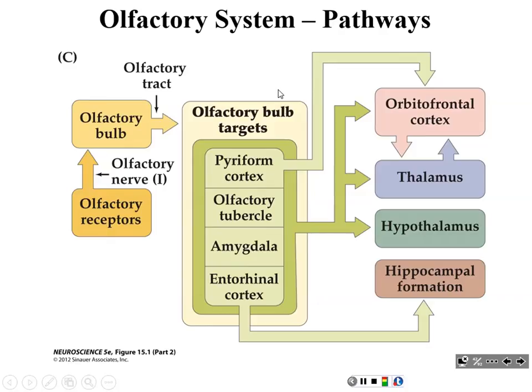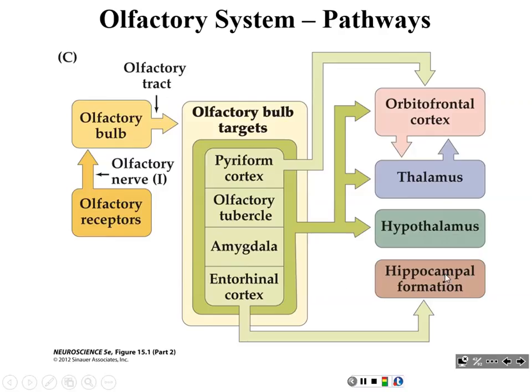And that olfactory tract targets all these structures: piriform cortex, olfactory tubercle, amygdala, and the entorhinal cortex. From the olfactory bulb targets, we have projections that go into the orbital frontal cortex, into the thalamus, into the hypothalamus, and also into the hippocampal formation.